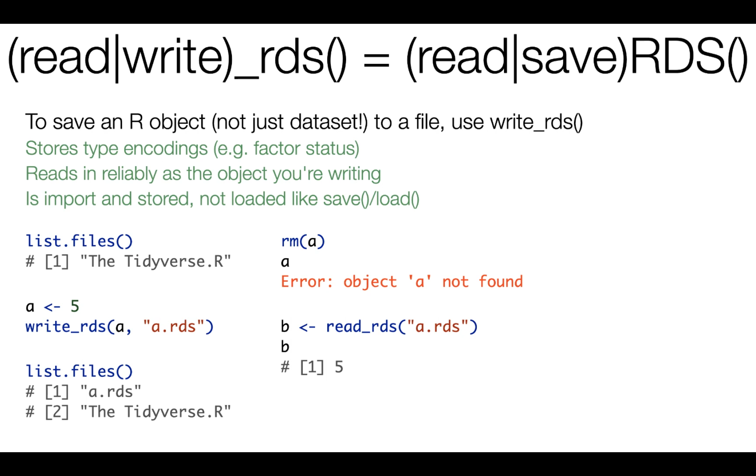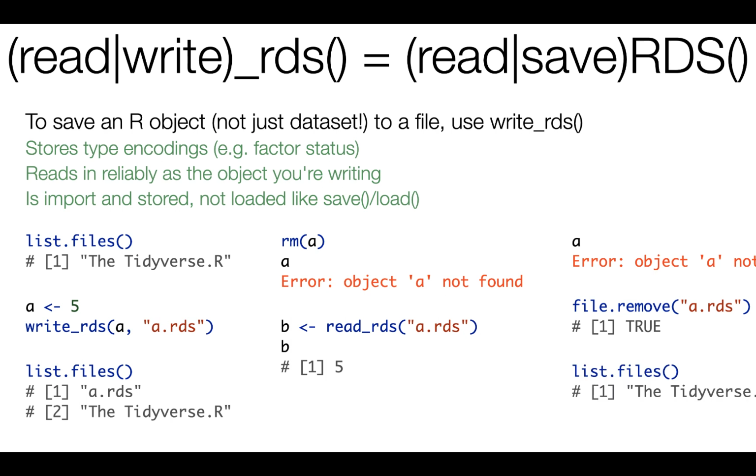So readRDS is going to pull it in, and I need to actually store it somewhere. I'll store it as b, and b has the value of 5, which a did at the beginning. Of course, a is still gone, so it doesn't create the binding back in our environment called a. That thing is totally gone. And then, of course, I can remove a.rds with file.remove to clean up after myself, and I can check that it's gone with list.files.